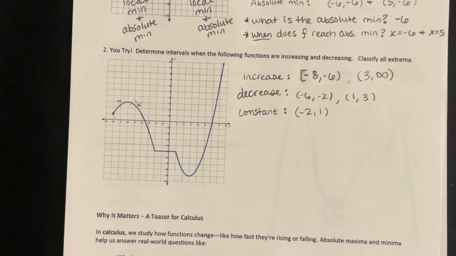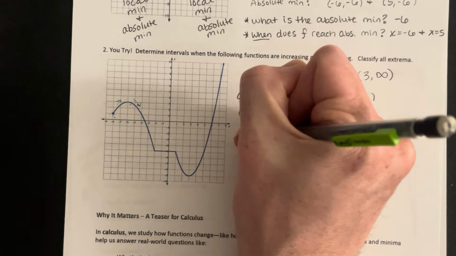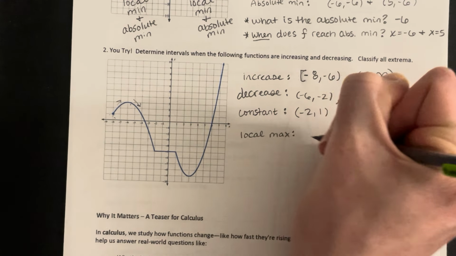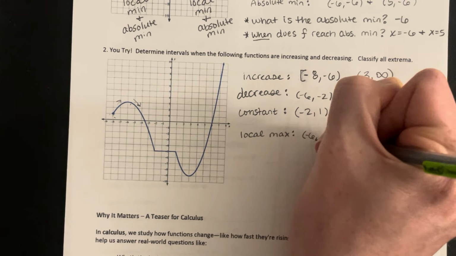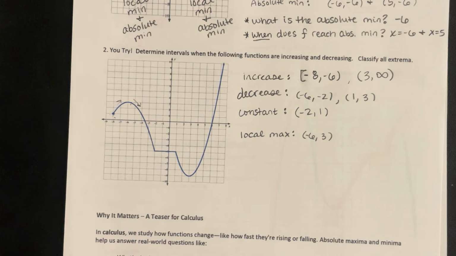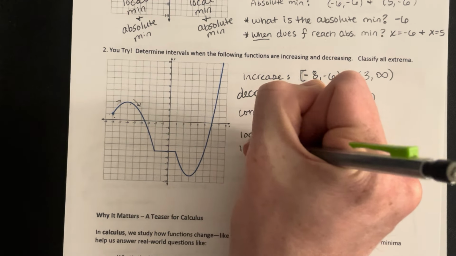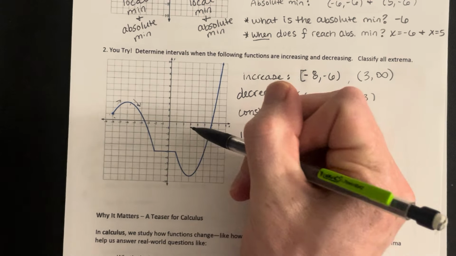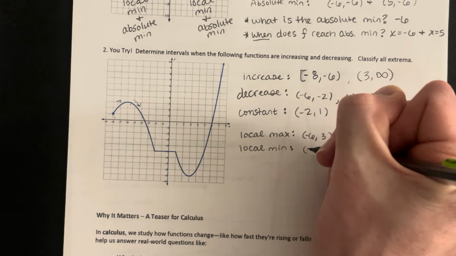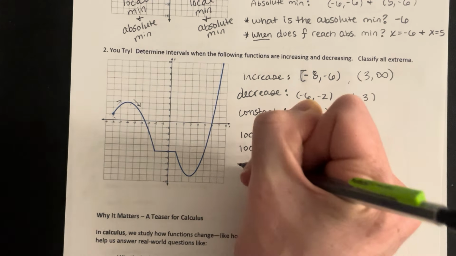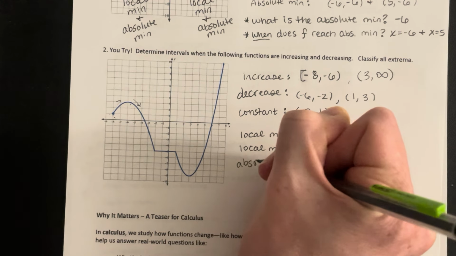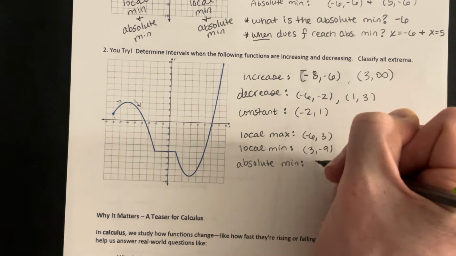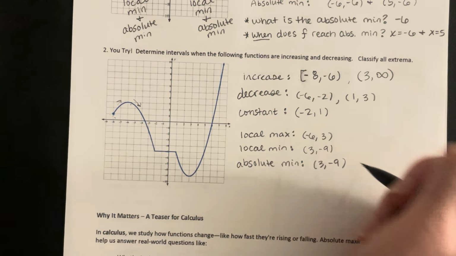We have a local maximum that's happening at (-6, 3). There's a local minimum that happens at (3, -9). But that is also an absolute minimum, again at (3, -9).